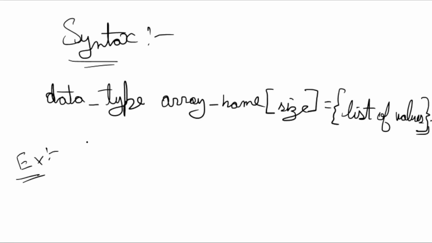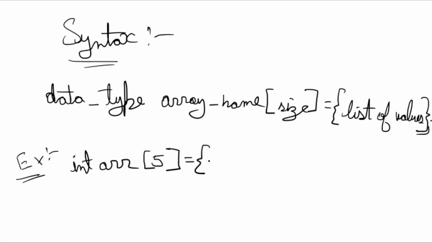So just take an example. I'm taking data type as int again. In your int data type, I'm taking the array name as ARR, short form of array, and giving the size as 5. And then I have to give the list of values.